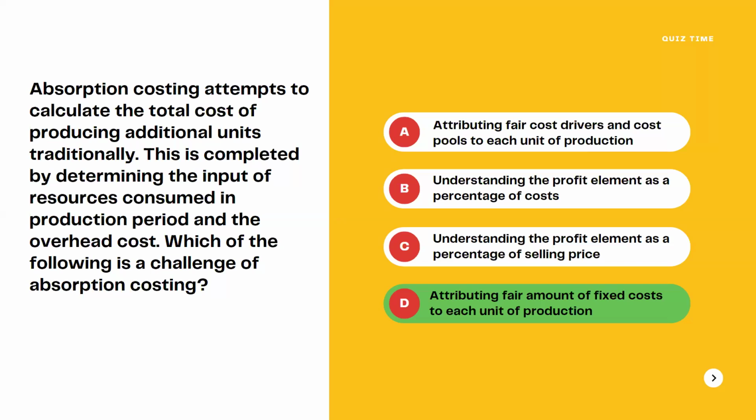The problem with absorption costing, as I explained earlier, is that it tries to allocate the fixed cost over to each unit. The thing is, the quantity of units varies, and also the cost could be quite unpredictable as well.